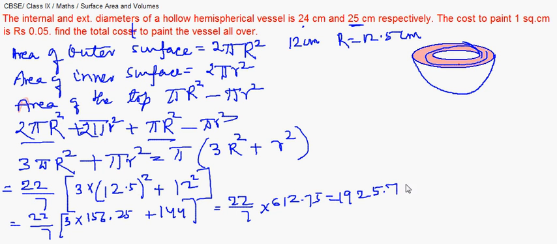If I round it off, I'm getting it up to 2 decimal places. This is the total area to be painted. Now each square meter of area costs 0.05 rupees. So the total cost of painting will be 96.29 rupees. Again, it is rounded off.